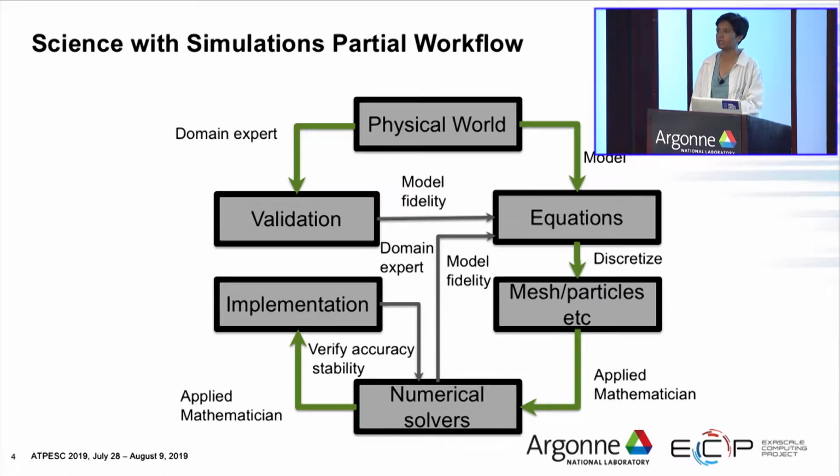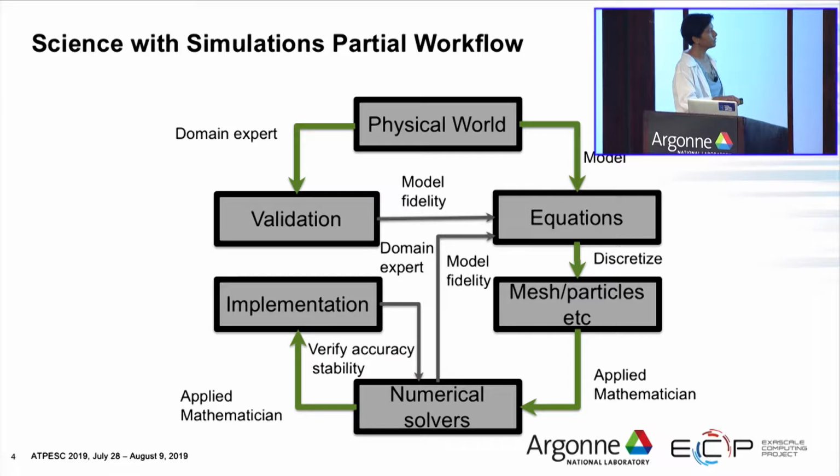This is the expertise that is required. So it is very much possible that your domain scientist can also be an applied mathematician, but that expertise is needed to develop the numerical solvers and then do the implementation, verification, etc. That takes an applied mathematician, and then the validation requires again the domain expert to participate.